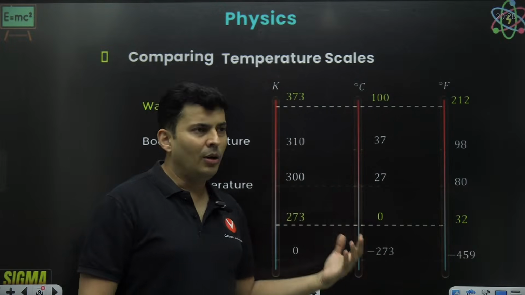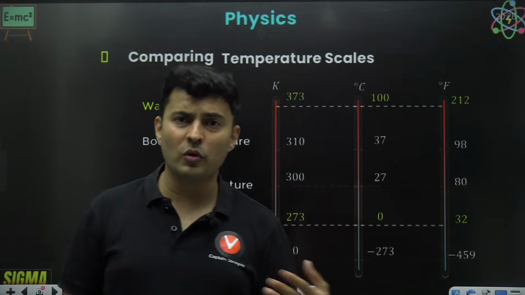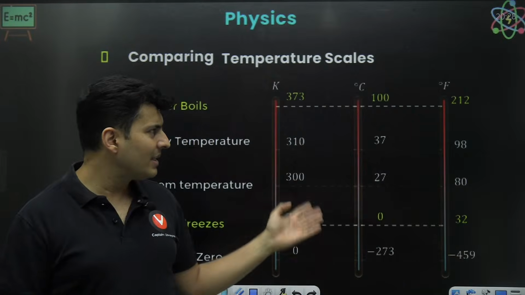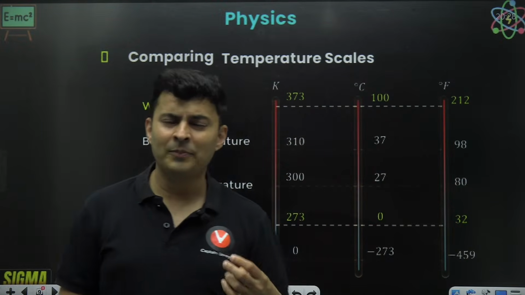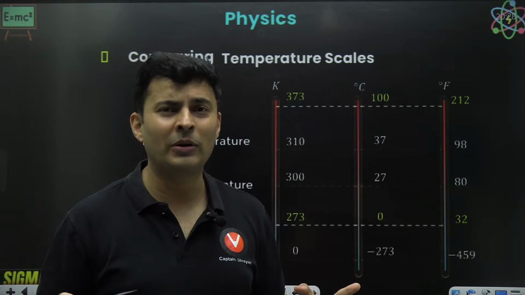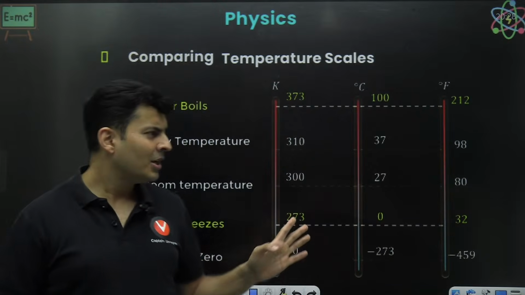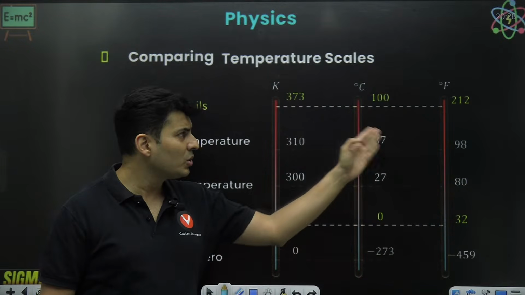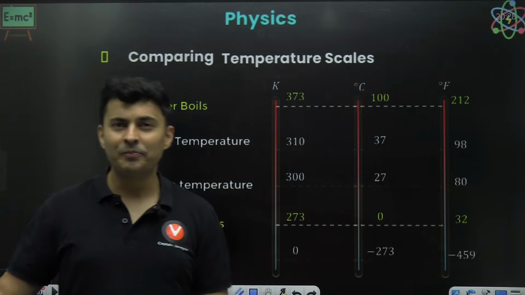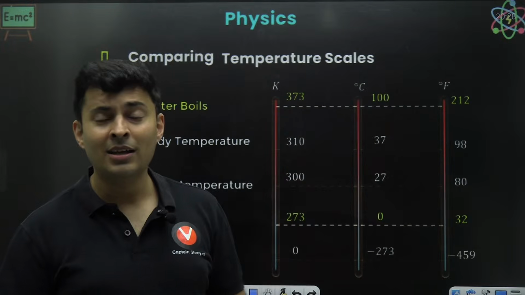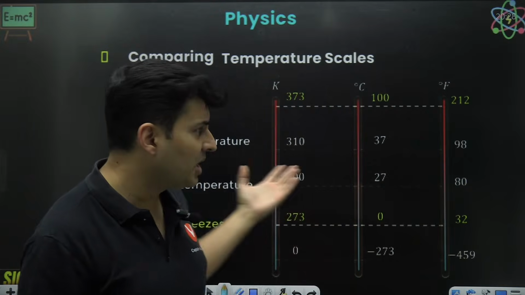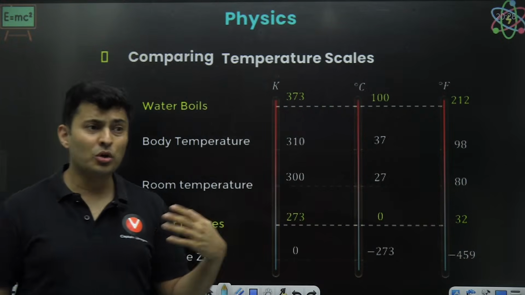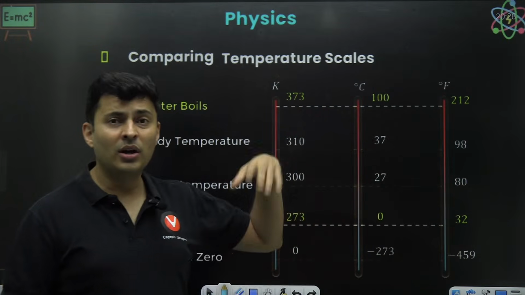Now, wherever the Britishers ruled, you will see that the temperature scales are in Celsius, but wherever Britishers did not rule, like in America and Australia, I think, or some other places, they use Fahrenheit scale. So you might have heard people saying in the US or in some Hollywood movies that, oh, the temperature has gone to beyond 100.